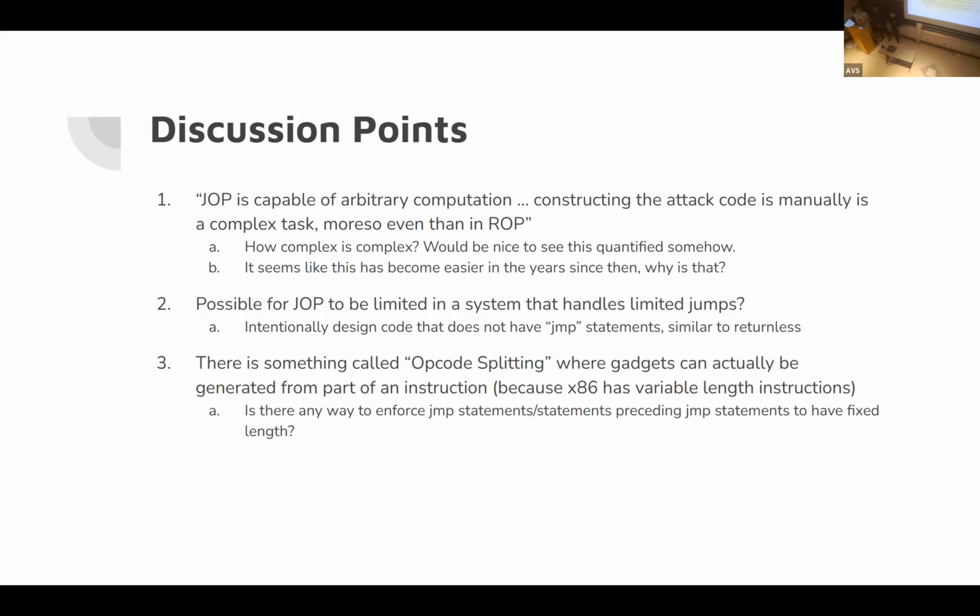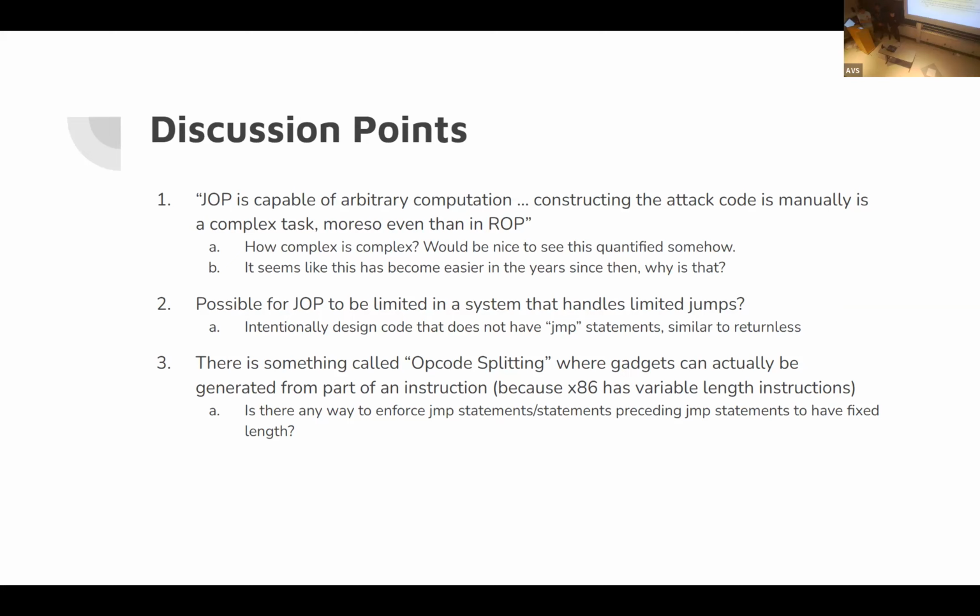I have a question about the second point. Aren't the gadgets found in libc, so aren't you using those to make the jump-oriented programming? So if you design the code with few jump statements, wouldn't they still be found anyway? So you're saying removing the jumps in your program?